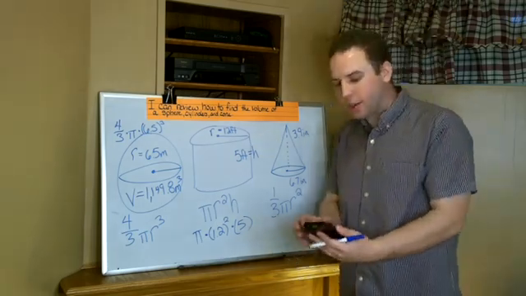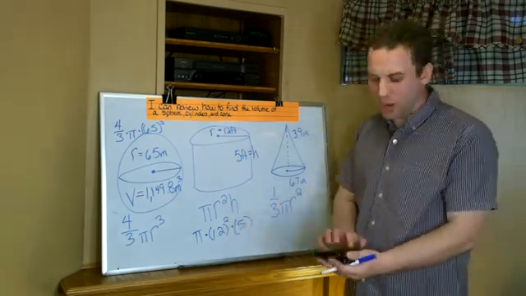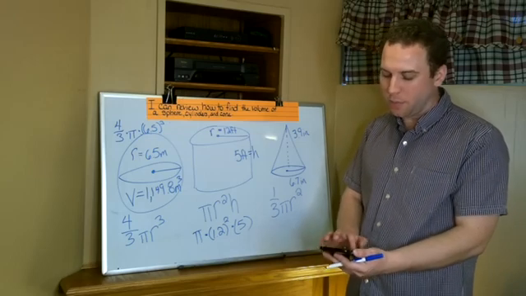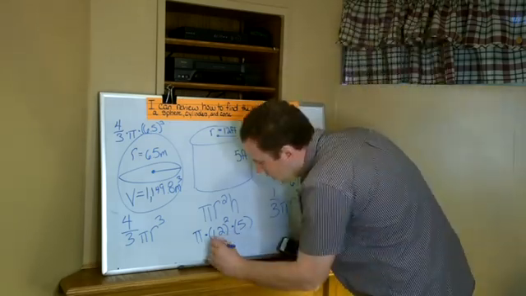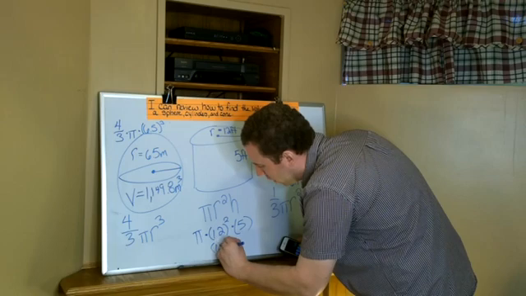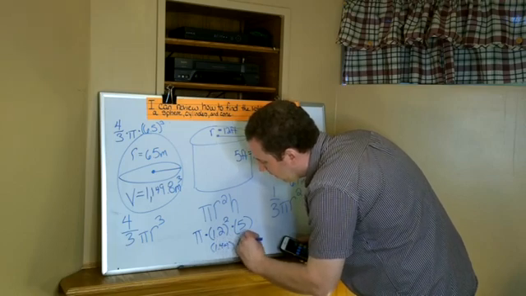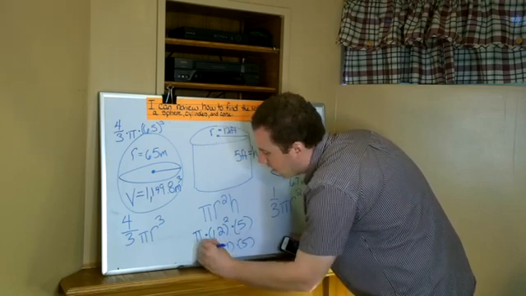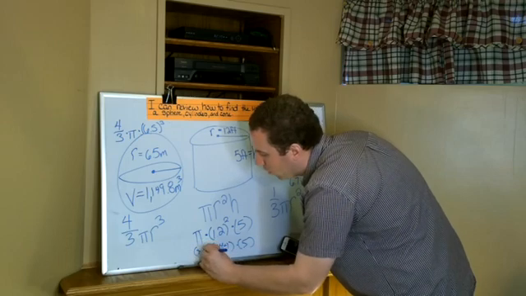So, if you plug in your calculator, first things first, let's get rid of that squared. So 1.2 times 1.2 would give me 1.44 times 5 times pi, which is 3.14.